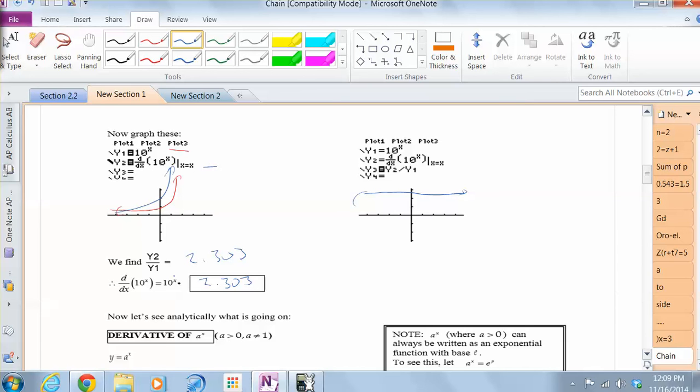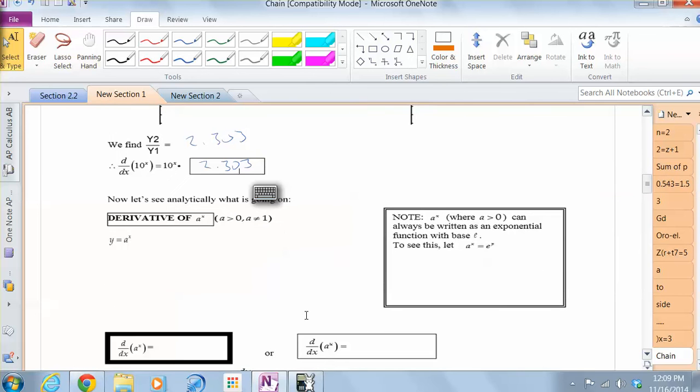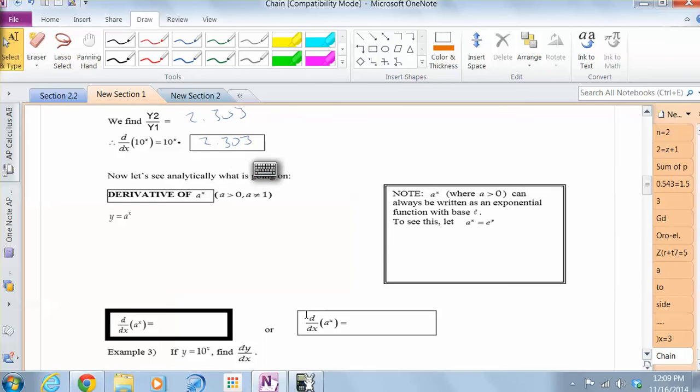So let's actually think about what's happening to the derivative of a to the x analytically. Now, we can think of a to the x as e to the p power, just doing a straight substitution, letting a to the x equal e to the p. If I take the natural log of both sides, and remember your log properties: if you have log of something raised to an exponent, it's n times log x.